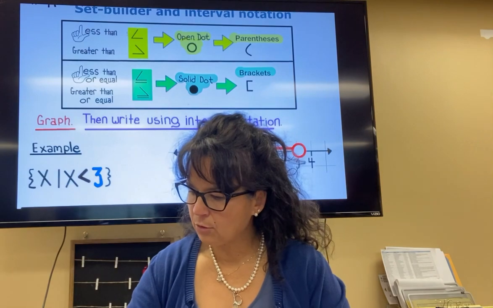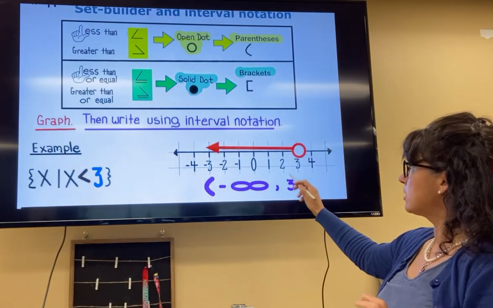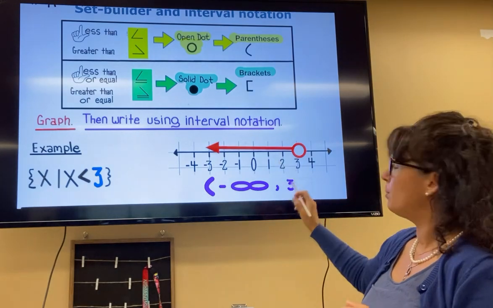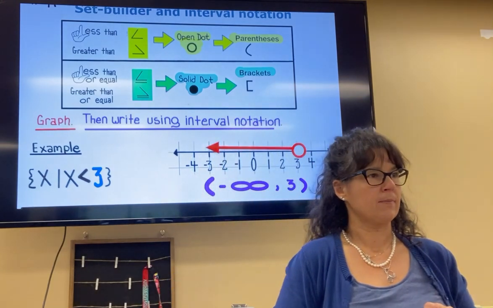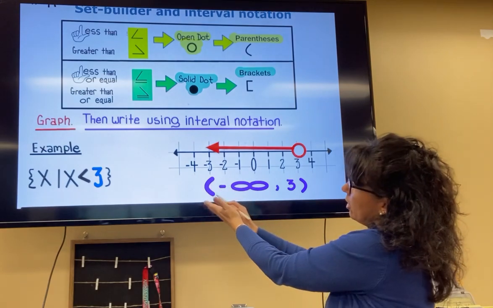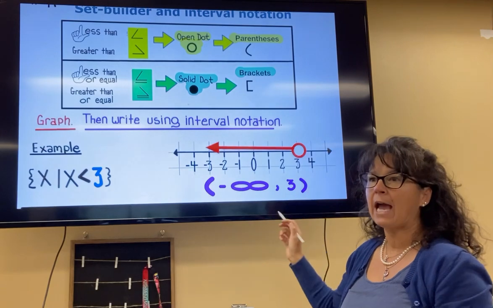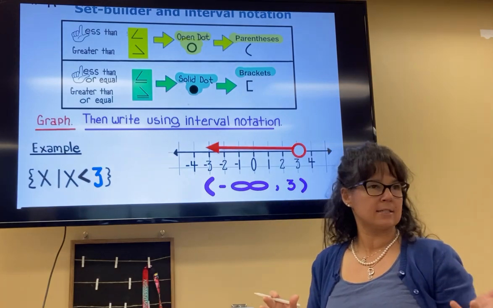So I'm going to have a 3 here. And then I have to decide if I'm going to close this off with a parenthesis or a bracket. Since it's an open dot, that's going to be a parenthesis. This is just indicating every number as far left as you can go up to the number 3, but leaving out the number 3. So 2.9999999 is a solution.